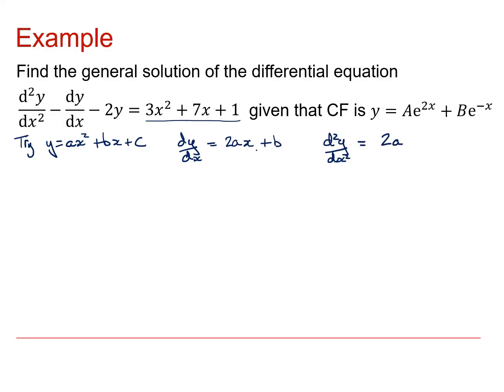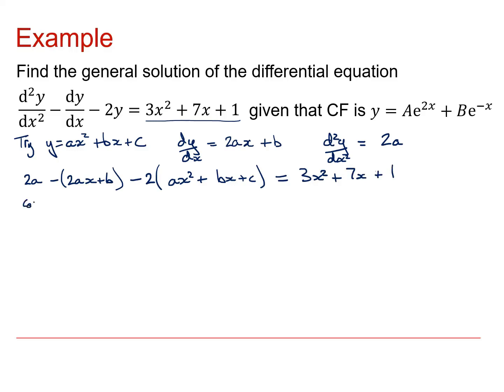Now if I plug these into the left-hand side, I'm going to get 2a minus (2ax plus b) minus 2 lots of (ax squared plus bx plus c). And that I want to be equal to 3x squared plus 7x plus 1.